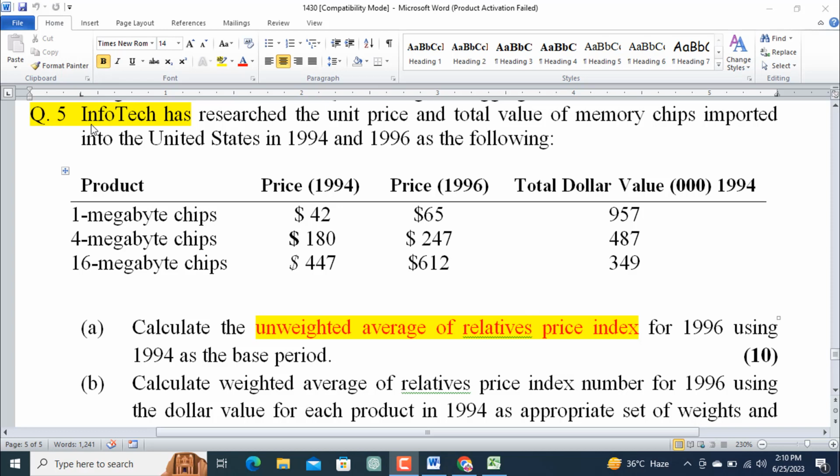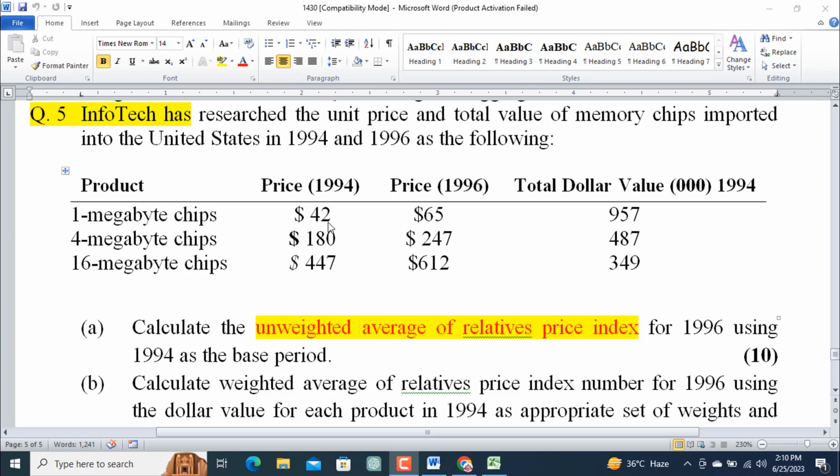Question number 5. Infotech has researched the unit price and total value of memory chips imported into the United States in 1994 and 1996 as the following: products 1 megabyte chips, 4 megabyte chips and 16 megabyte chips.